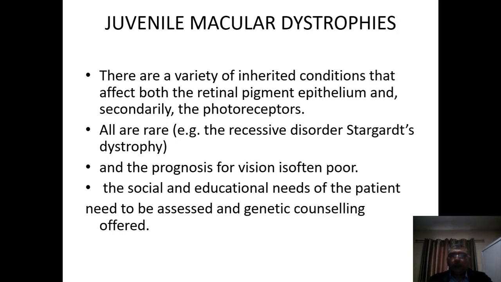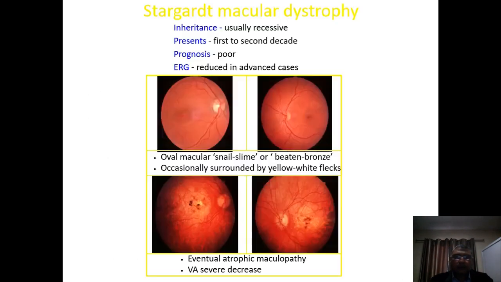All are rare conditions, including Stargardt's dystrophy, in which there is poor central vision. The social and educational needs of the patient should be assessed, and genetic counseling should be offered. Low vision aids; there is no specific treatment for these macular dystrophies. Stargardt's macular dystrophy.